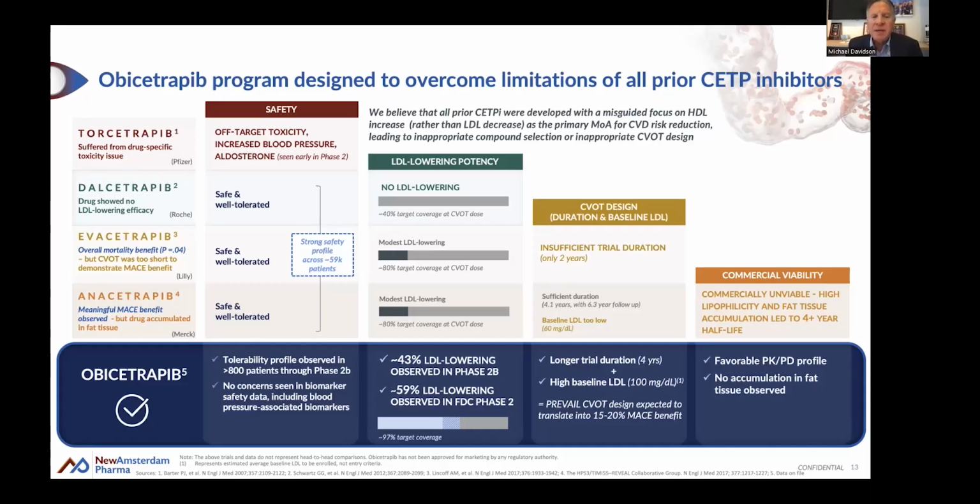Then came the Obicetrapib trial, which was, again, based on HDL raising. And in this trial, they went to acute coronary syndrome or diabetic population, and the LDL benefit was being determined by direct assay. And it turns out that the direct assay, just in general, is not very good, especially when you have low LDLs to begin with.